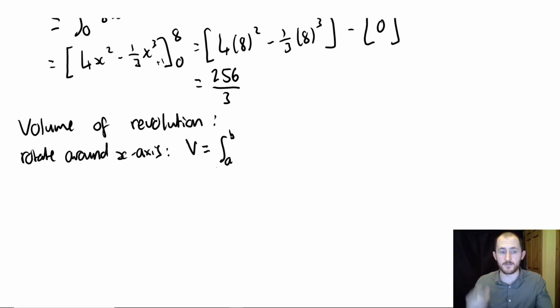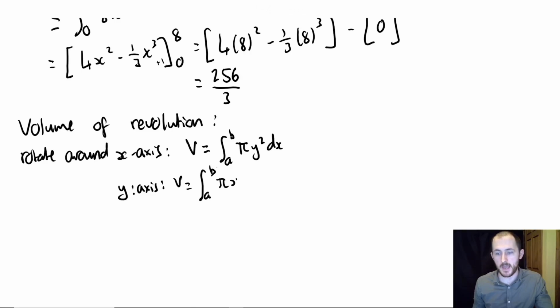You have to have limits, because just like area, I can't work out the area without limits. Otherwise, I'm just going to get an equation. And instead of just the equation, you're going to have pi times y squared with respect to x. And if it's the y-axis, all you do is you swap x and y. So what I mean by that is everything is identical, so a and b, pi x squared dy.